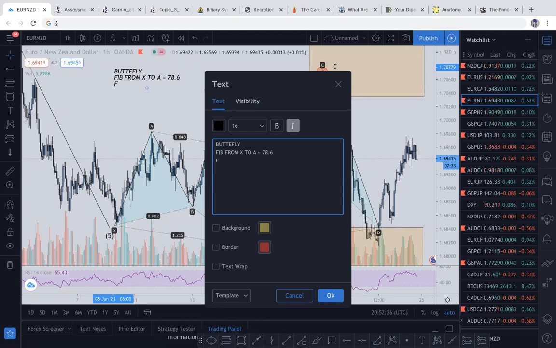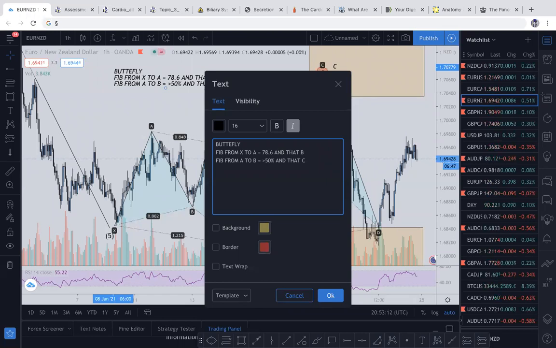Then fib 78.6, and that will be B. I want to make it simple for you, so I'm going to give you a formula for that. Fib from A to B will be equal to 50% and above. So I'm going to put 50% and above. And that will be equal to C.